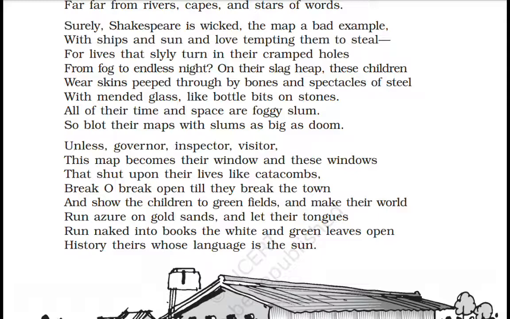Let them move freely in the town. Give them freedom. They should be brought out from the poverty. Actually, break, oh break means the walls of poverty, the prison of poverty should be opened, and they should be allowed to come out. And this can be done by these government officials and the privileged people of the society.